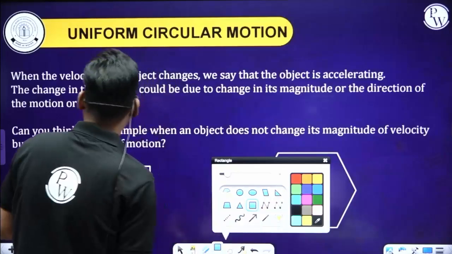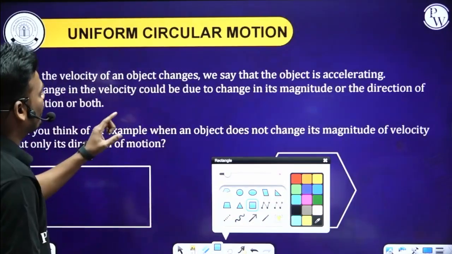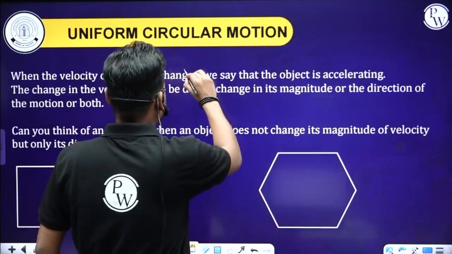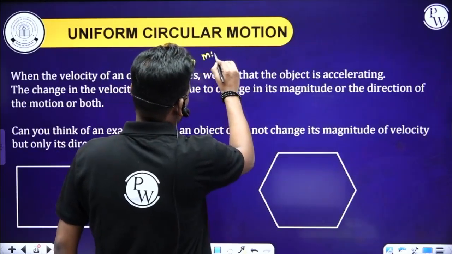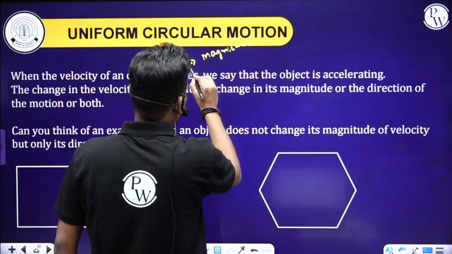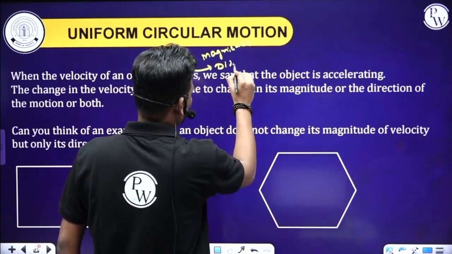The first one you see: when the velocity of an object changes, we can expect the change in velocity may be in magnitude or direction, or both.